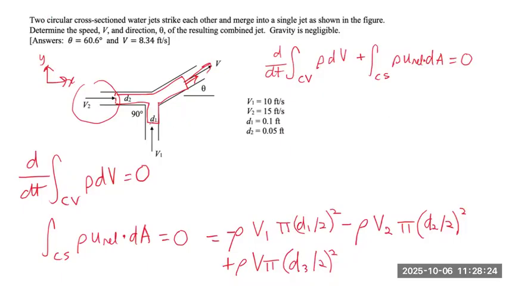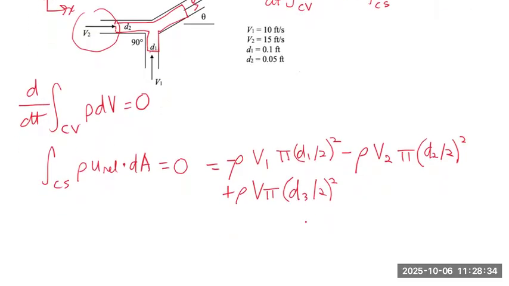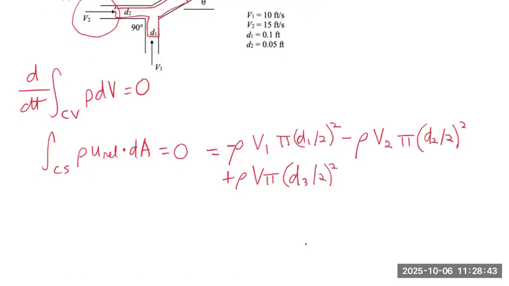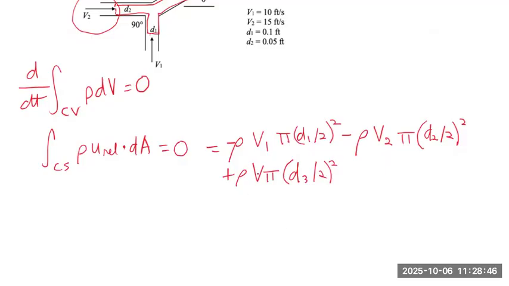Let's make it explicit that this portion is d3. So that equation is indeed correct. We substitute and simplify. Since it all equals 0, all the pi's cancel out, all the over 2's cancel out, and the rho's as well.